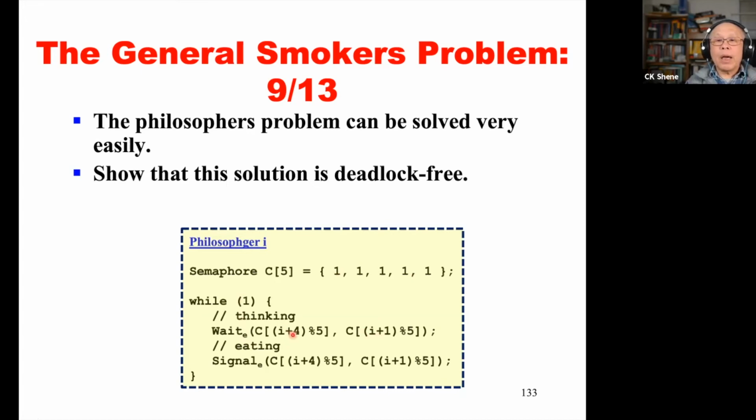Only if the counters of his left chopstick and right chopstick are both greater than 0, which means his left neighbor and right neighbor are not eating, will this call to wait E return. And then philosopher I can eat. After eating, philosopher I calls signal E to release the left chopstick and the right chopstick.